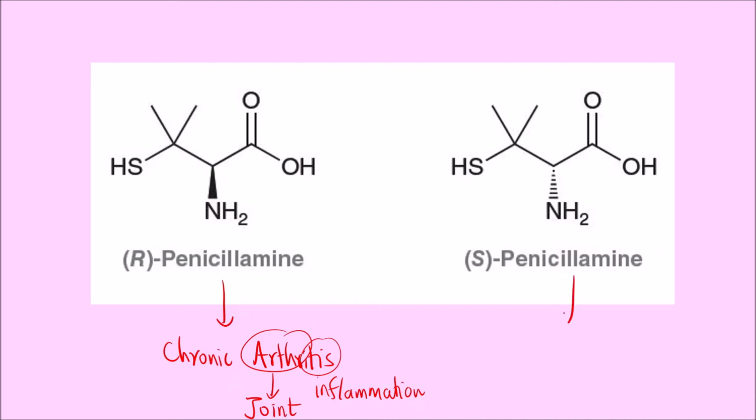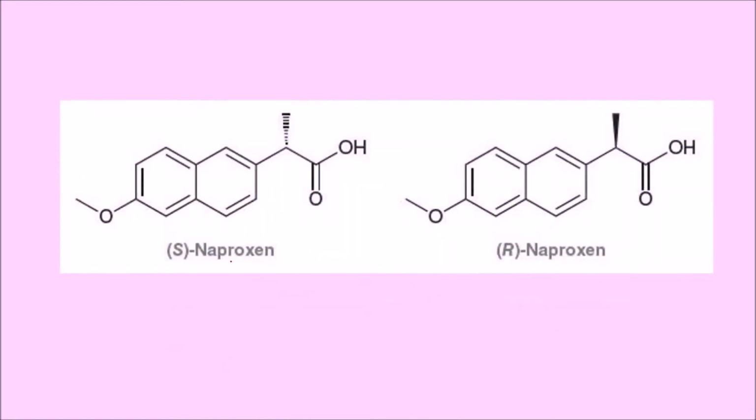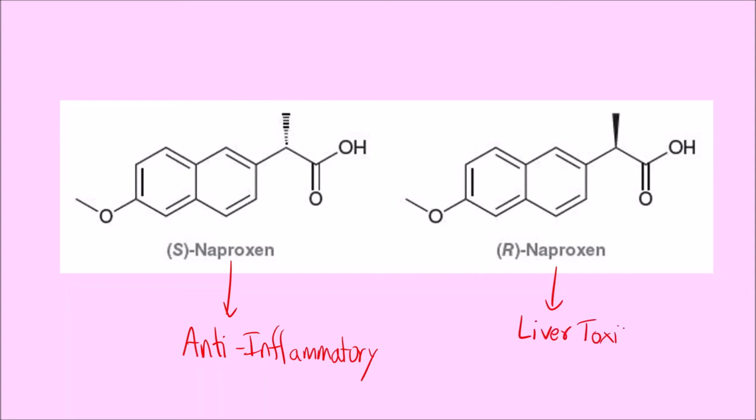Whereas the S enantiomer is toxic in nature. Similarly, S-naproxen is anti-inflammatory in nature, used to treat inflammation, whereas the R enantiomer is a liver toxin. So now we have become aware of the different properties of R and S enantiomers of different drugs.